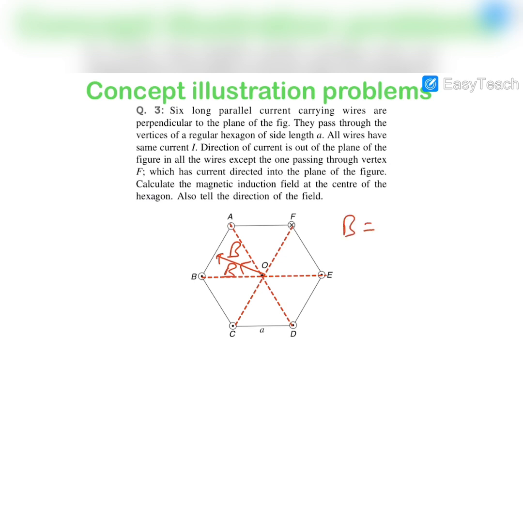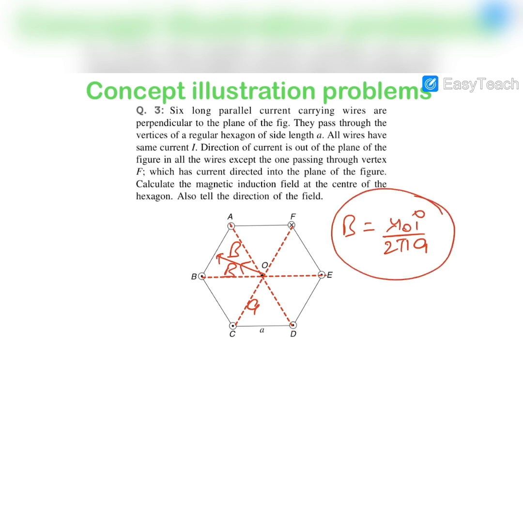So B due to any one of them will be mu naught I by 2 pi A. This distance is also A, because this is an infinitely long wire and both the angles phi 1 and phi 2 are 90 and 90. So there will be a factor of 2 and it would be cancelled with 4. So B will be this.